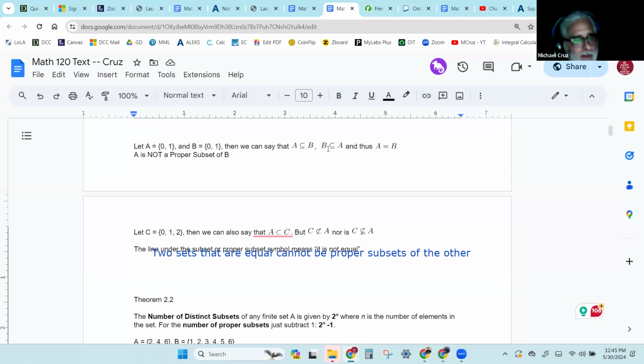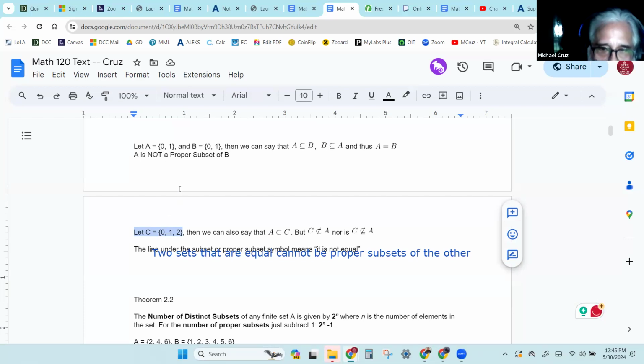We already talked about since they're equal, they're subsets of one another, but they're not proper subsets. So in this scenario, if we got a third one, C, which has got an extra one in there, that's the one that's different. Then A is contained within C.